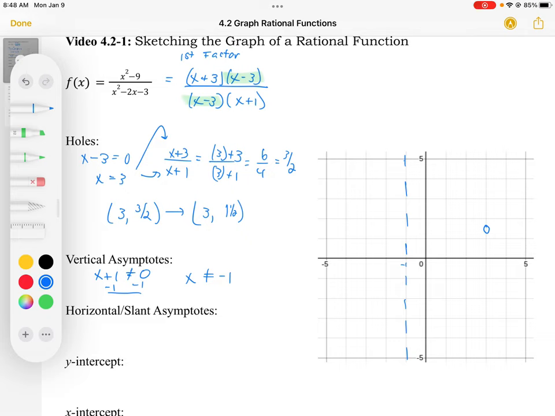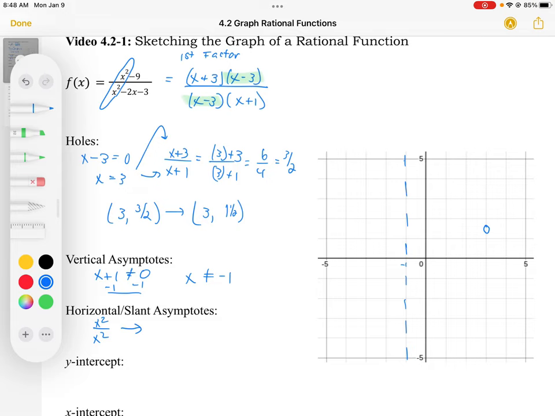The next step I'm going to do is identify either horizontal asymptotes or slant asymptotes. So if I'm looking at this rational function, I'm looking at the highest degree in the numerator and the highest degree in the denominator, and we can see that we have an x squared in both the numerator and the denominator, and their coefficients are both 1.